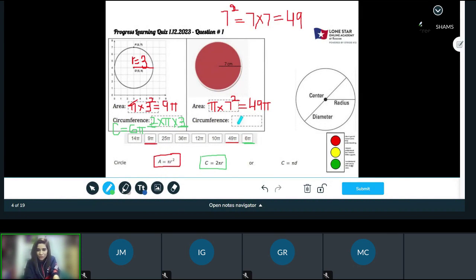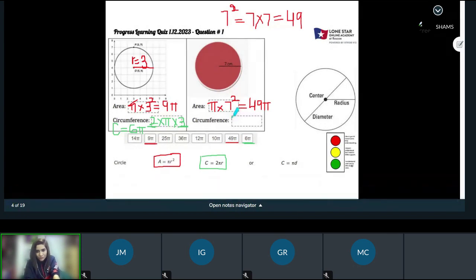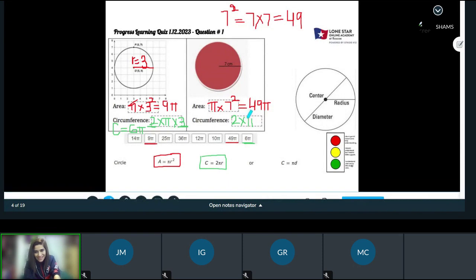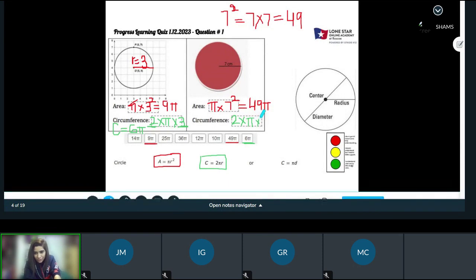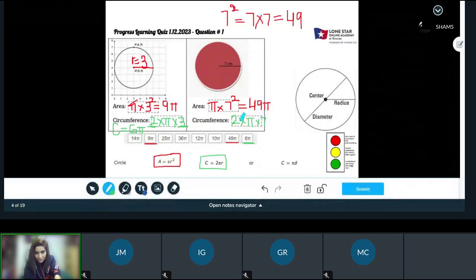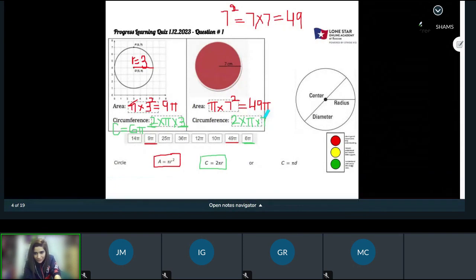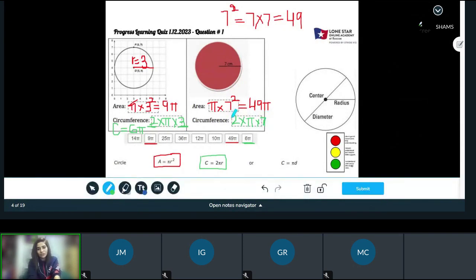Then I will do the brown one. The formula will be 2 pi r. So 2 times pi times r. And r, radius, is 7. Remember, you can multiply the 2 times 7 part. 2 times 7 gives you 14. 14 times pi is 14 pi.